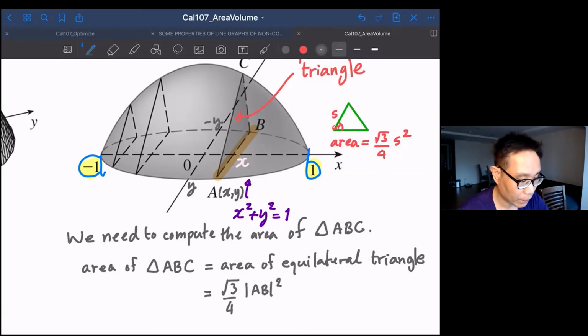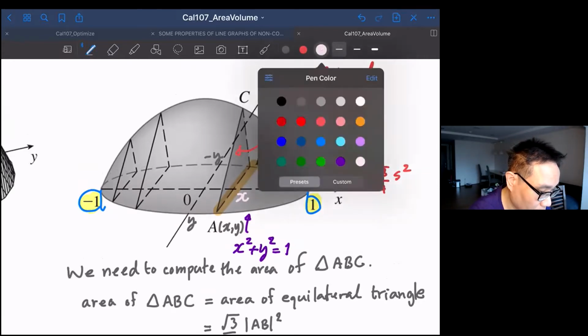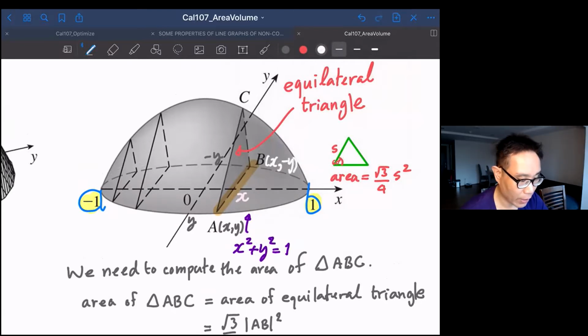Why do I know that it's going to be negative y? Because it is a circle, so it is symmetric. So you have A at x, y, and B at x, negative y.